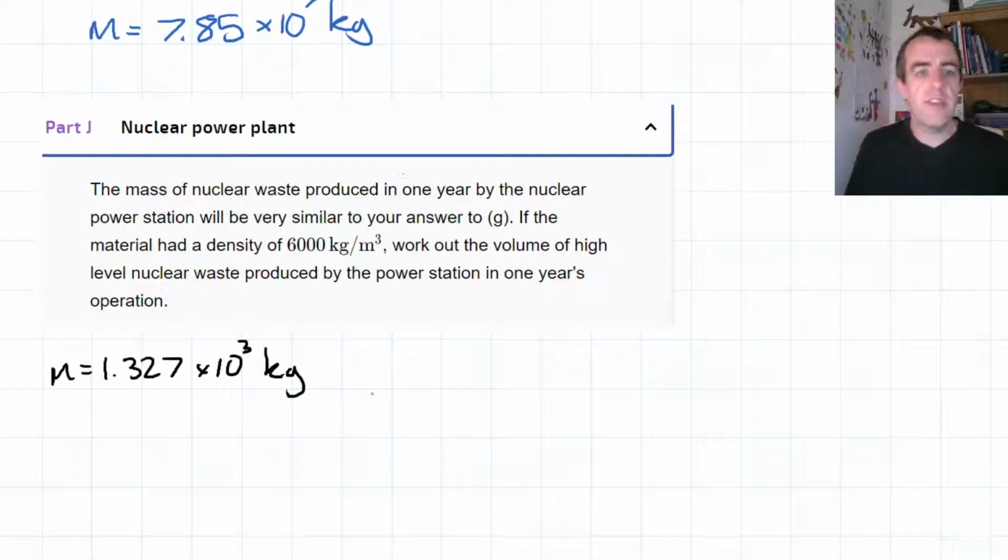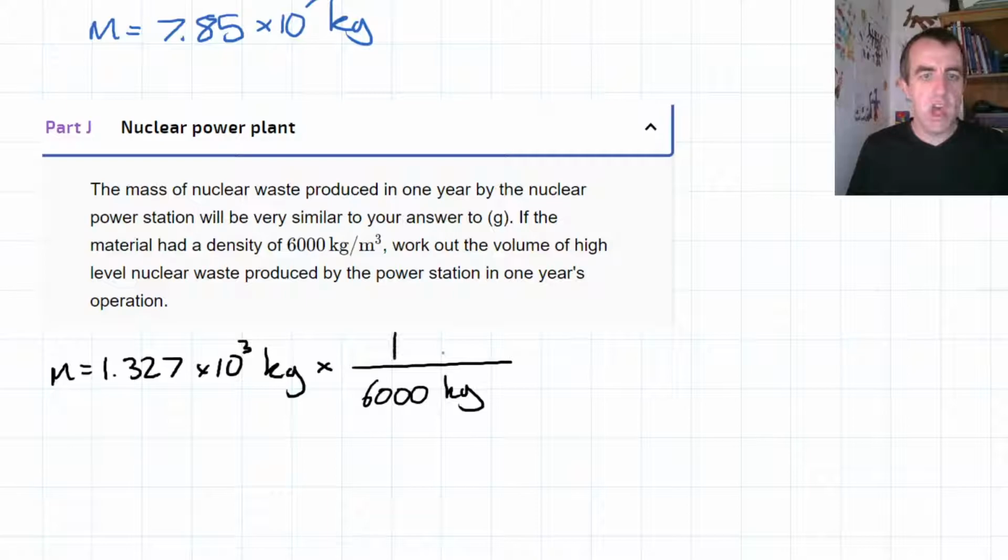It says if the material has a density of that, so if I divide by that density, 6,000 kilograms per cubic meter, what am I left with? Cubic meters.